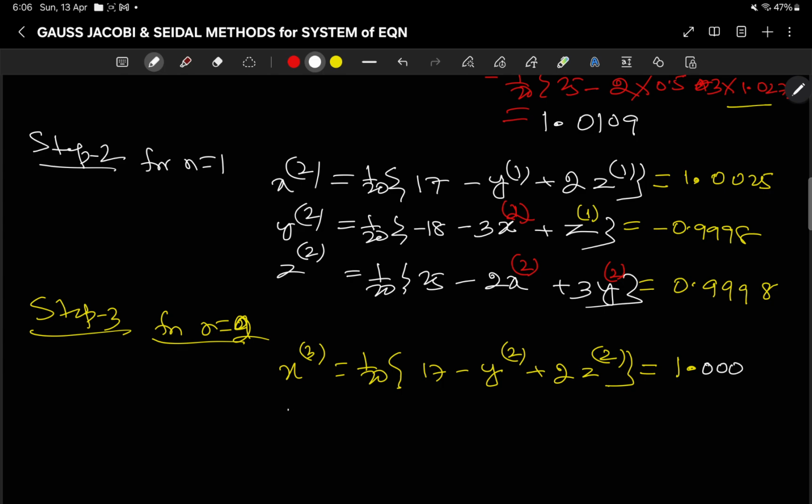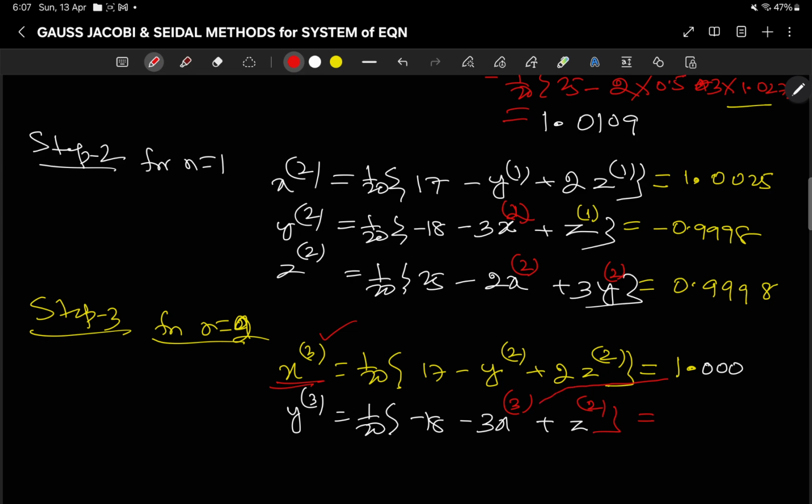So now my y at the third step will be 1 by 20, minus 18 minus 3x plus z. So x is improved from this step, but z is from the previous step, okay. So I substitute it here, and z from the previous step.